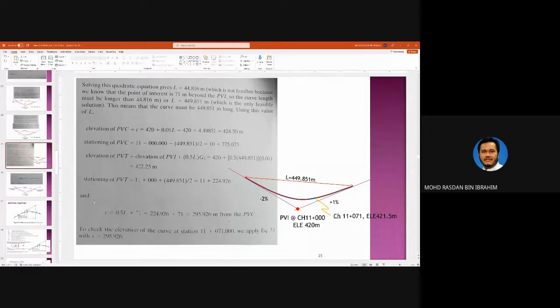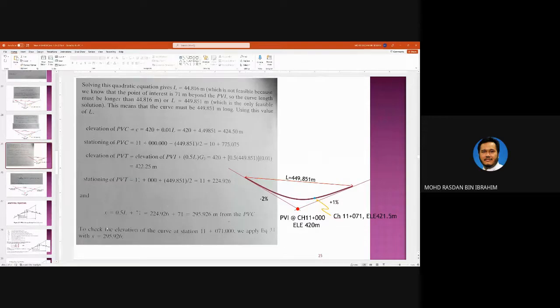Okay. And X equals 0.5 L plus 71. So that gives us 295.926 meter from PVC. So this point here is 295.926 from PVC. Okay.